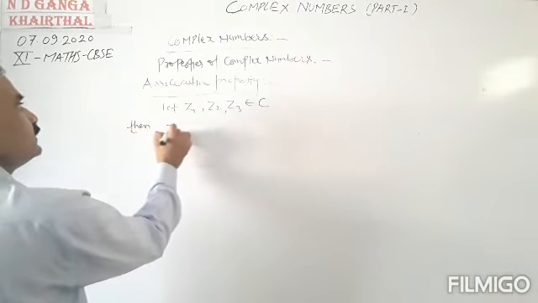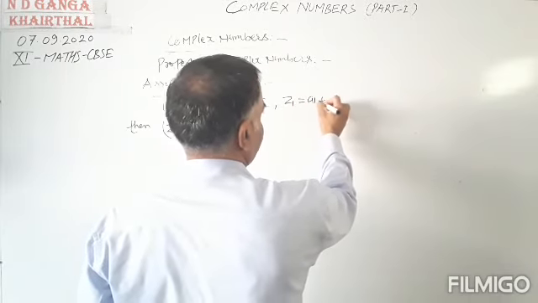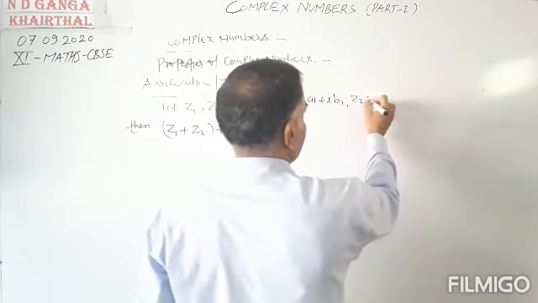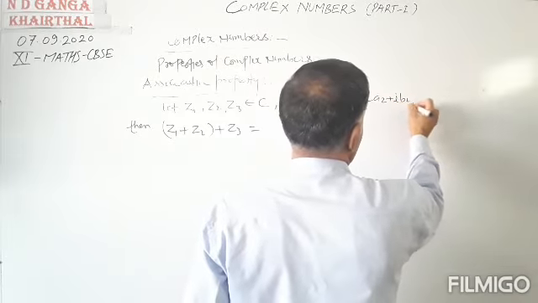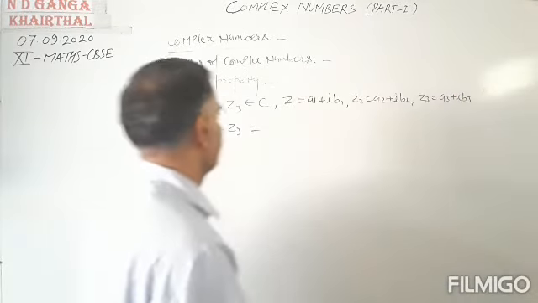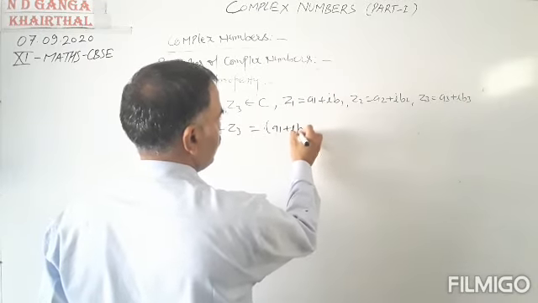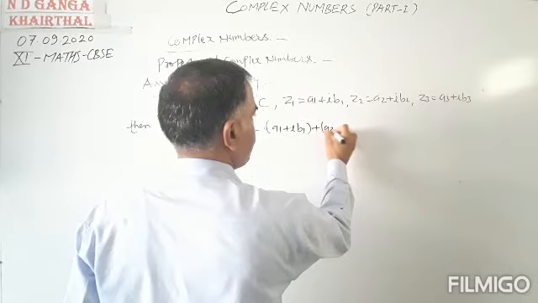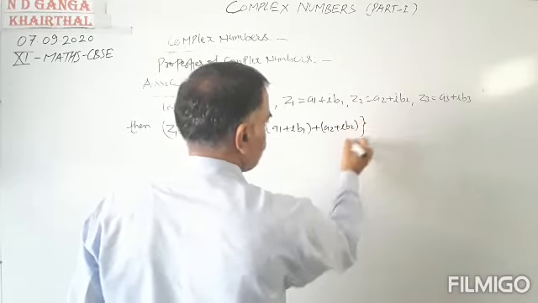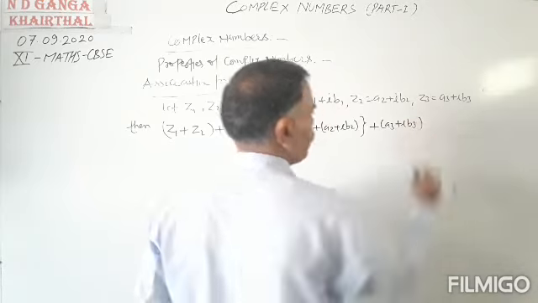Then Z1 plus Z2 plus Z3 is equal to... Z1, Z2, Z3 belong to the set of complex numbers, where Z1 equals A1 plus iota B1, Z2 equals A2 plus iota B2, Z3 is equal to A3 plus iota B3. So Z1 plus Z2 plus Z3 is equal to A1 plus iota B1 plus A2 plus iota B2 plus A3 plus iota B3.